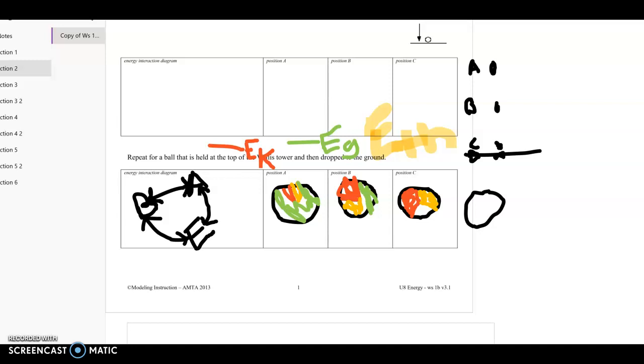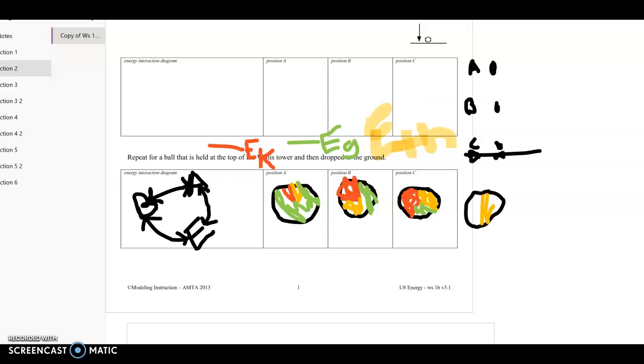And then maybe I'm going to say it's just a tiny bit above the ground. These are things that I would write in words so everybody knew what I was talking about. Great. And then if I did one more with it completely squished into the ground, then it has to have even yet more thermal, right?